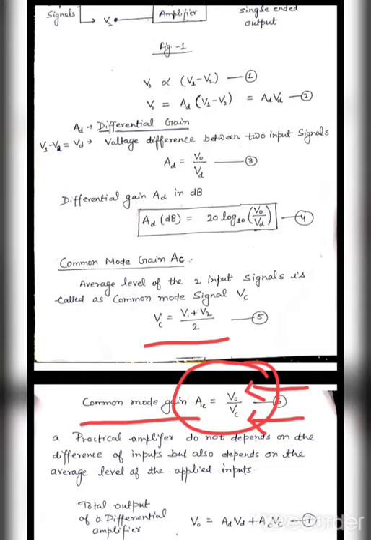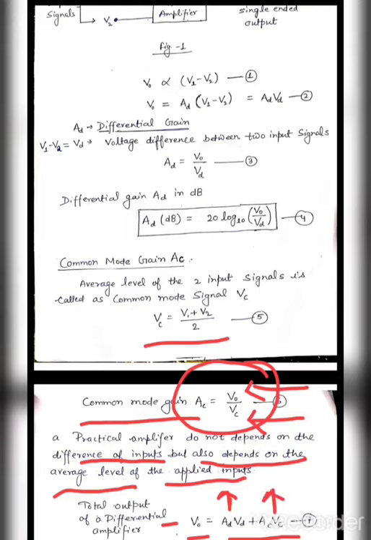A practical amplifier depends not only on the difference of the inputs but also on the average level of the applied inputs. So the total output of a differential amplifier will be the combination of both the output voltage due to the differential voltage and also the common mode voltage.